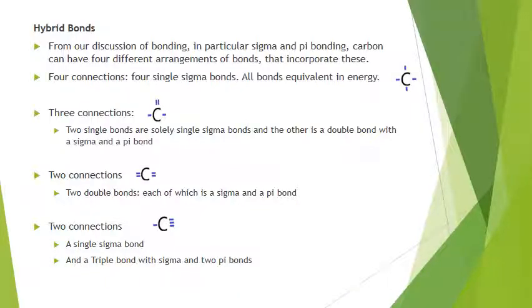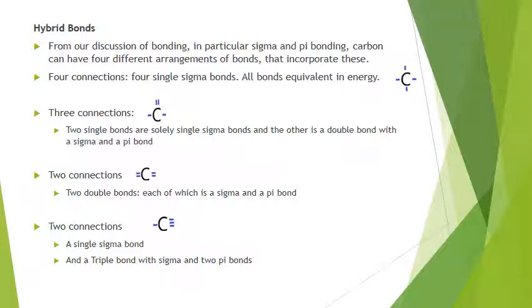All right. Now, in a previous PowerPoint, we talked about sigma and pi bonding, and what we want to do is relate that to the different kinds of arrangements of bonds.